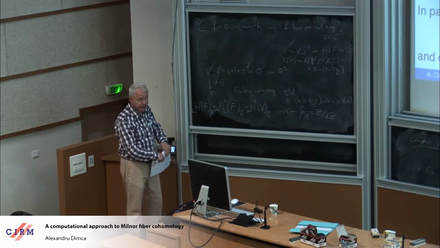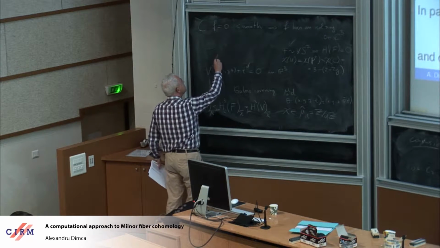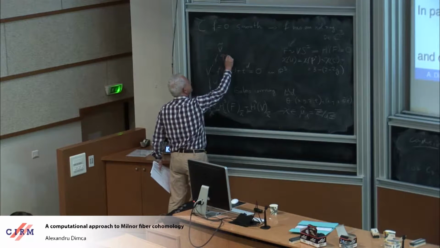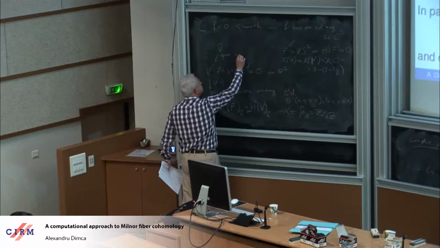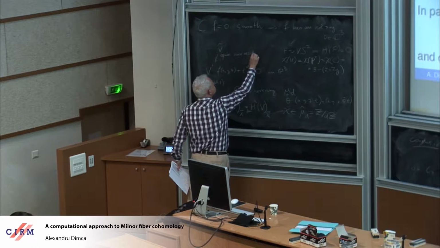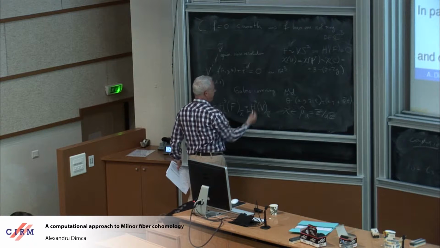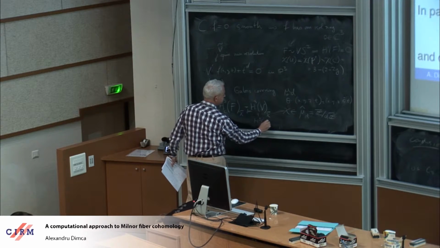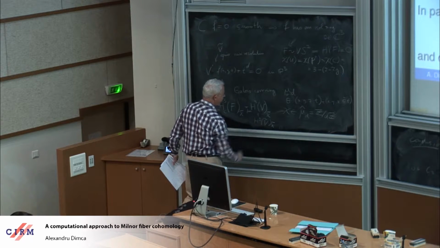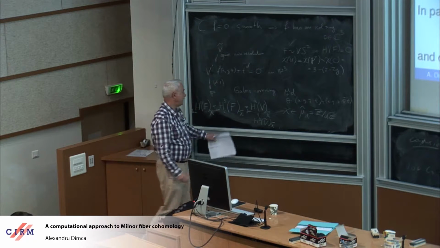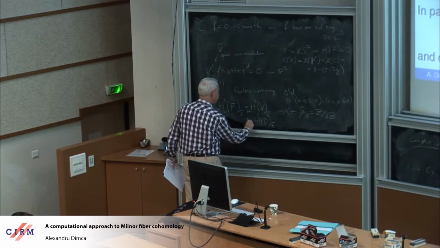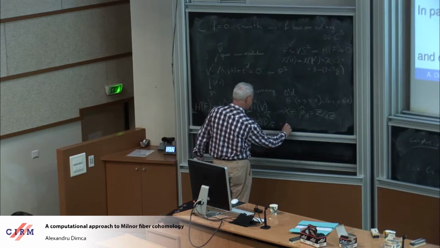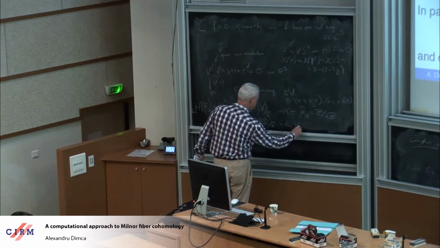And now if I take an equivariant minimal resolution, it turns out that this H3 does not change. And again, if I'm interested just in dimensions, now I can apply Poincaré duality, and this is the same as the dimension of H1.